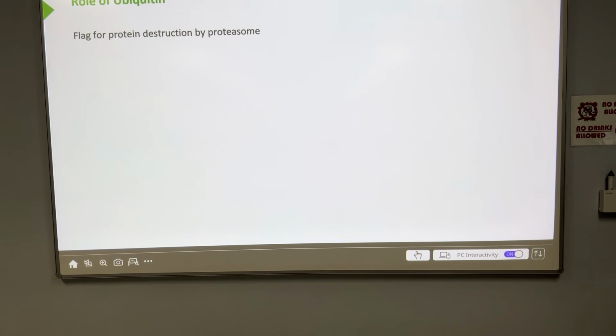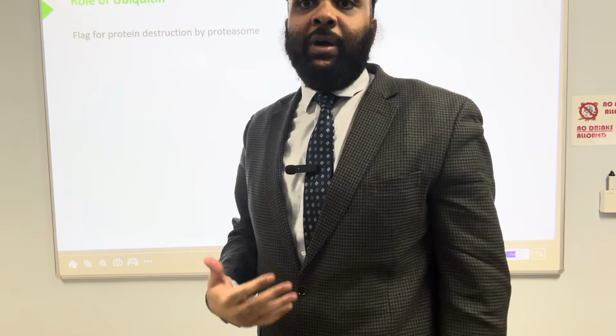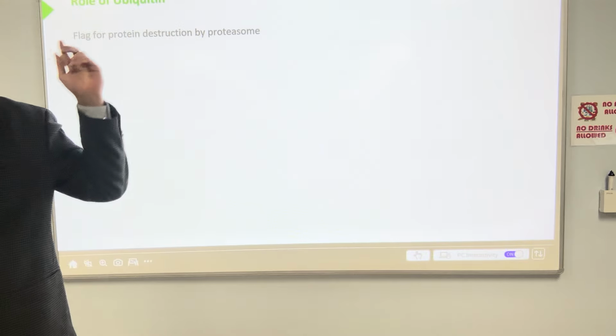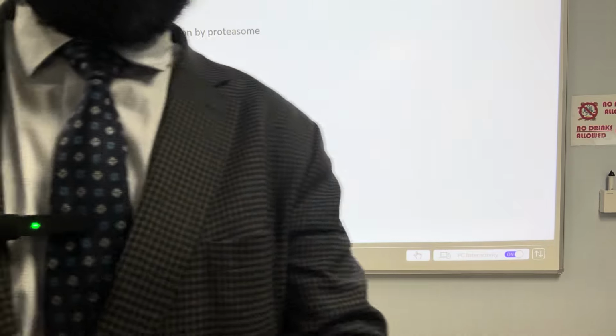How do the recycling systems know that this protein needs to be recycled, chopped up and destroyed? Because there's a ubiquitin tag on it. If you are a protein, you hope there is no ubiquitin tag on you, because that is a very terrible thing.